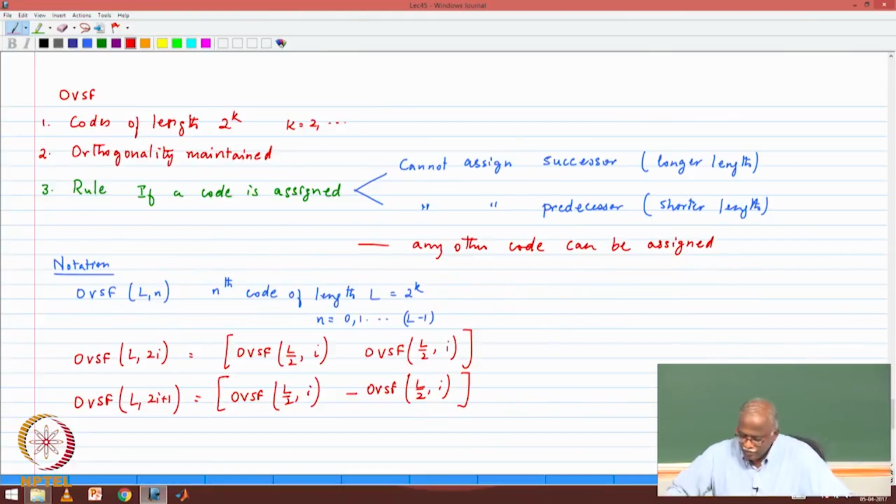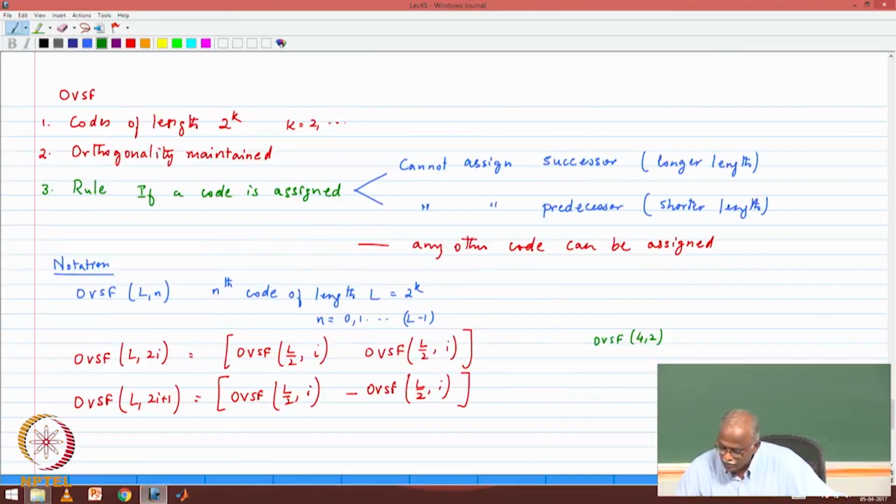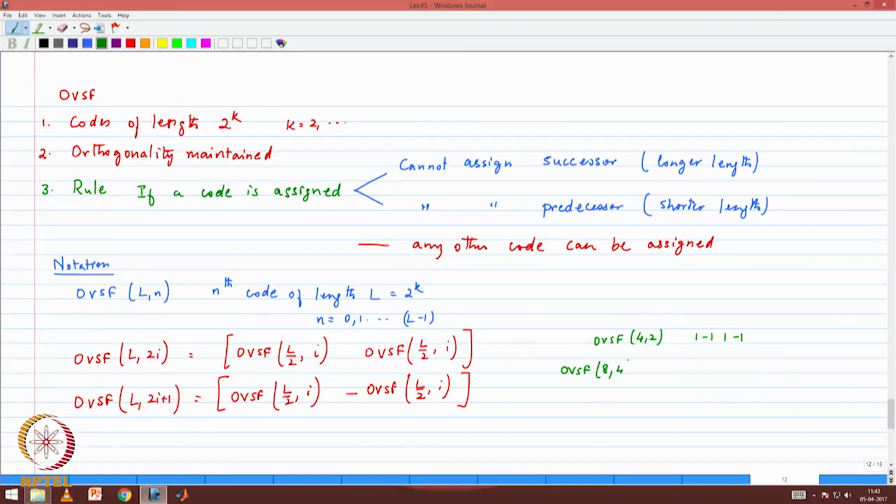Just as a quick example, let's take OVSF 4 comma 2. OVSF 4 comma 2 is 1, minus 1, 1, minus 1. This will give me OVSF 8 comma 4, which will be 1, minus 1, 1, minus 1, and then that repeated: 1, minus 1, 1, minus 1.